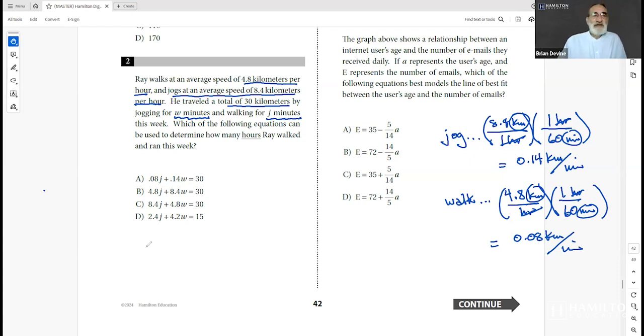And so if I take his rate walking times the number of minutes, so 0.08 times J minutes walking plus 0.14 times W minutes jogging, that should then give me 30 kilometers. And A would be my answer.